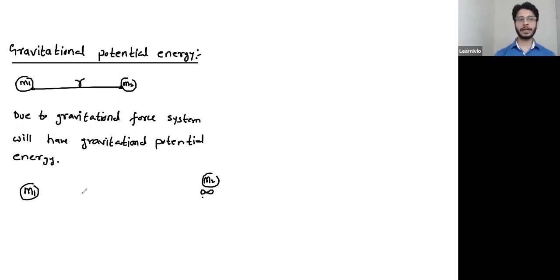Gravitational field vanishes, that means there is no interaction between m1 and m2, and no potential energy. Then we calculate the work done in carrying this m2 from infinity to a point at a finite separation from m1. The work that we do to bring m2 from infinity to this point gets stored in the system in the form of potential energy.